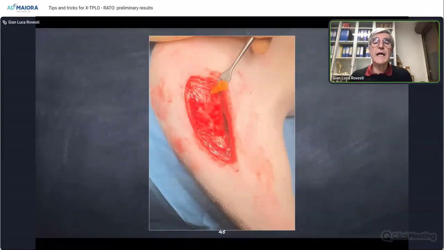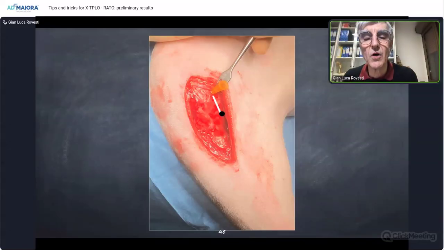So I have the insulin needle inserted through the medial collateral into the joint. This is my reference point. I will measure the distance from the center of the joint to the caudal cortex, that is the radius of the saw blade. The same measure on the tibia.